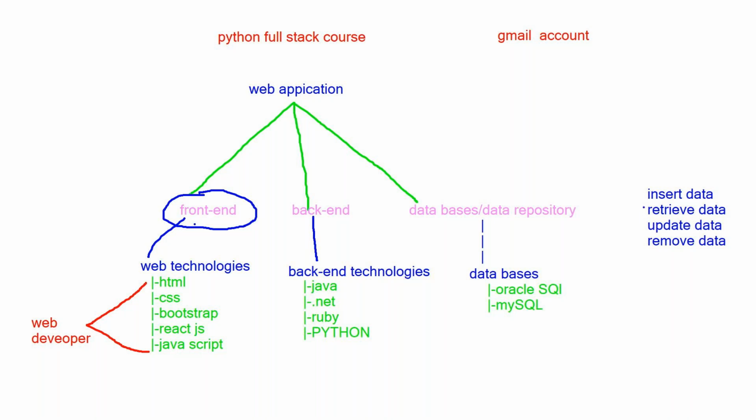Sir, you are saying these are the four operations we are going to perform on databases. The database may be Oracle SQL or MySQL. If it is a database, it is going to have these four common operations, whether it is Oracle SQL, MySQL, NoSQL, DB2, or Informix.